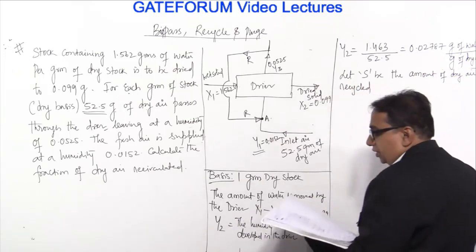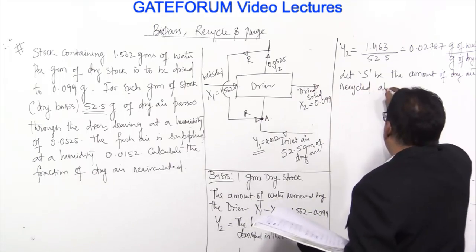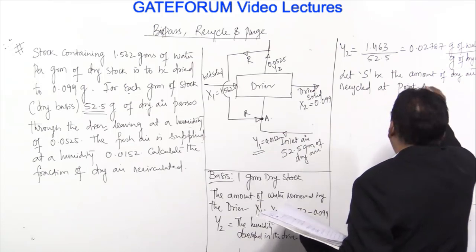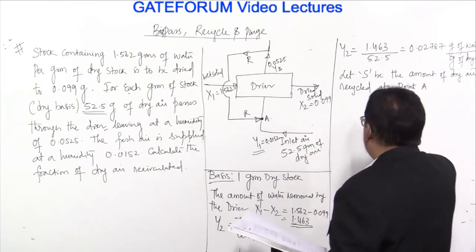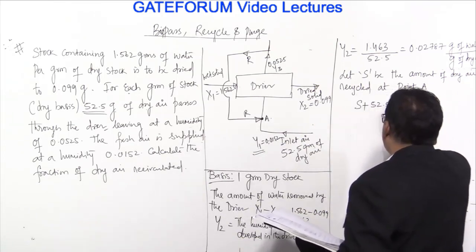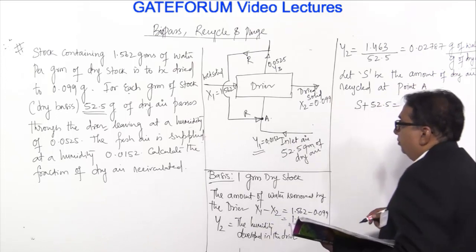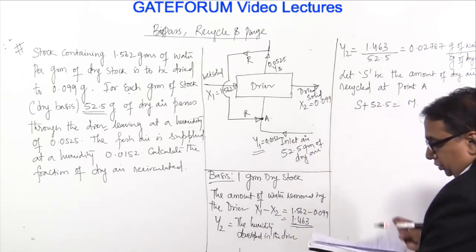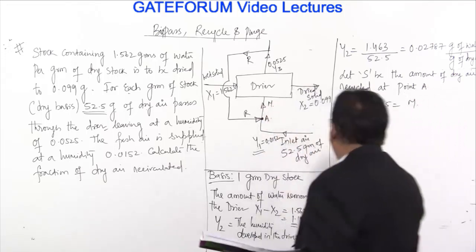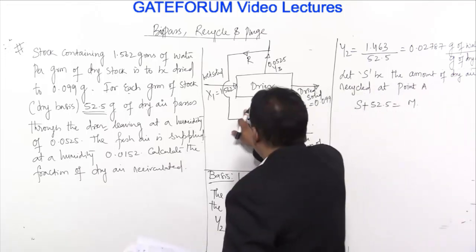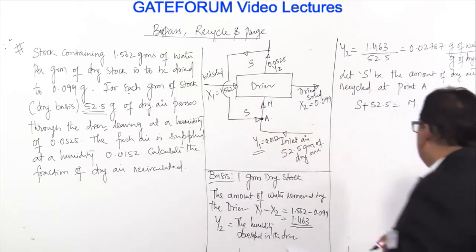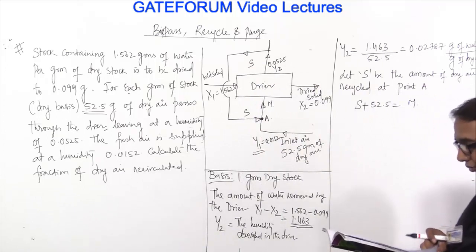S be the amount at point A. So S plus 52.5 will be M, which is leaving here. S is the amount of the dry air, and 52.5 is the fresh air, equal to M.